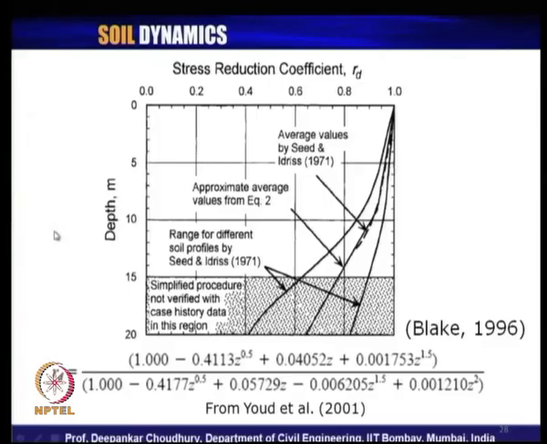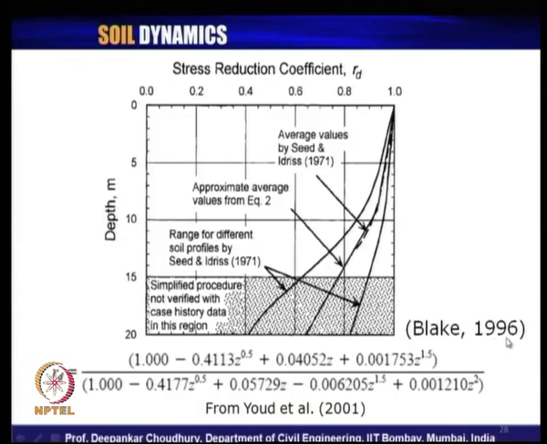Now, if you ask what value or expression of r_d one should use at present for design methodology, I will say that as per Youd et al. 2001 decision, which was again a decision taken by all the stalwarts in the field of liquefaction analysis, so it is worldwide followed, they proposed to take the expression given by Blake in 1996.